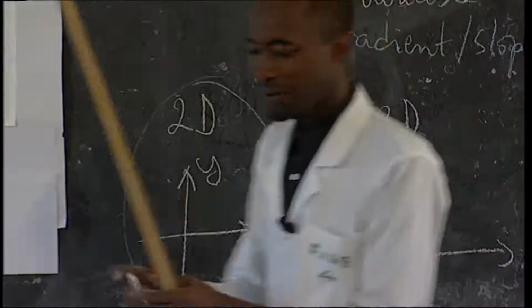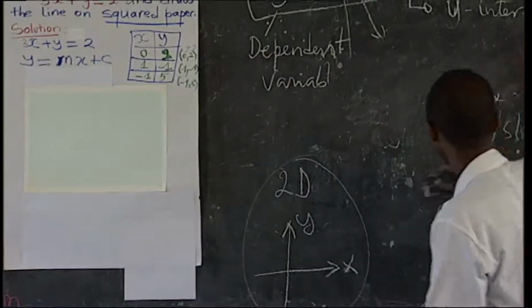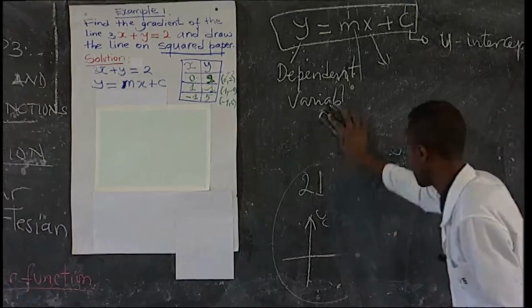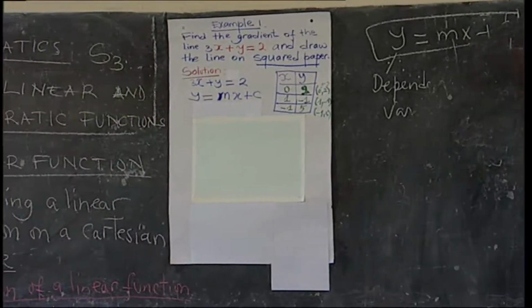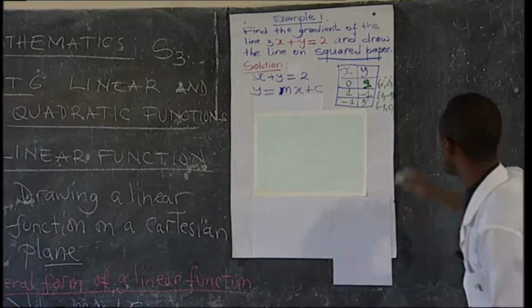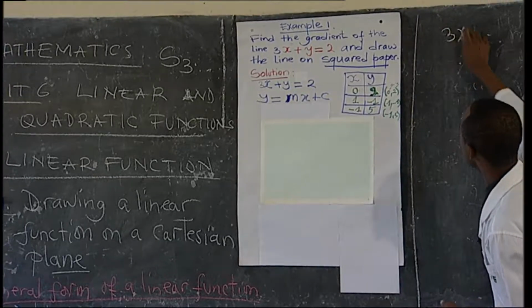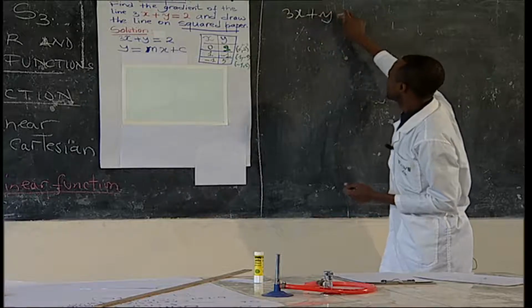Now, remember, we are going to draw a linear function on a Cartesian plane. I want you to follow this and also to understand. Now, we have 3x plus y equals 2.